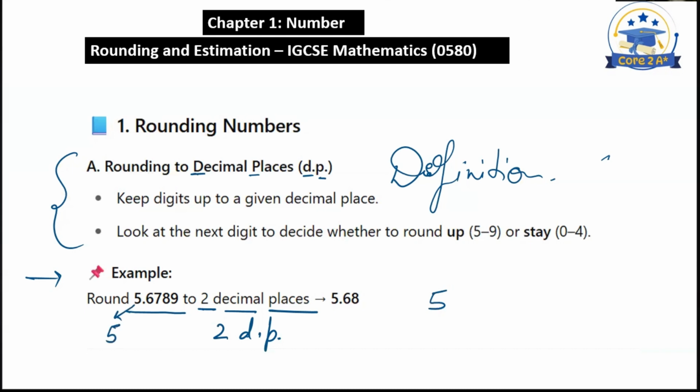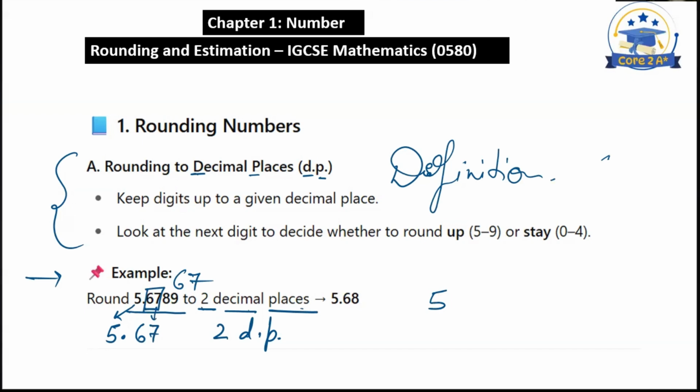Just copy and paste it down and mark a decimal over here. After the decimal, you need to consider only 2 numbers, 6 and 7. Now I am bringing it down.